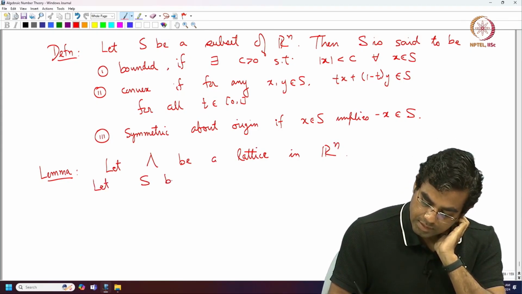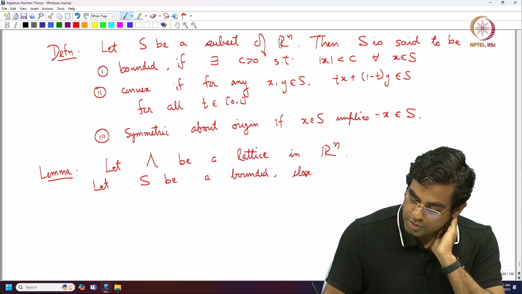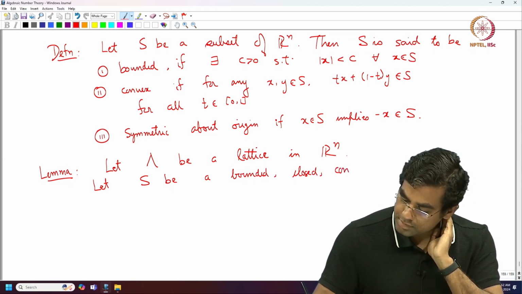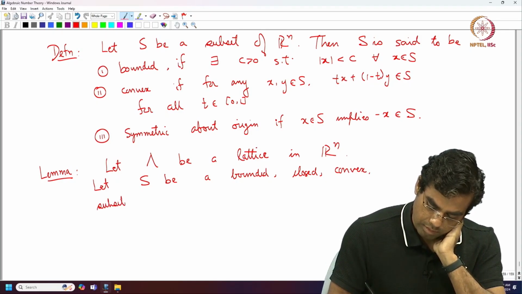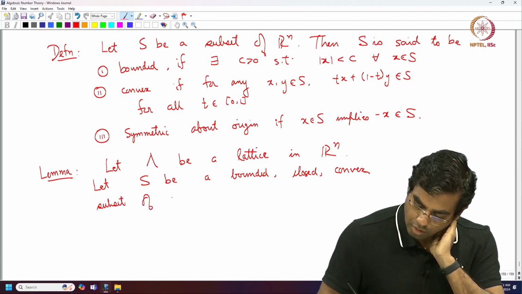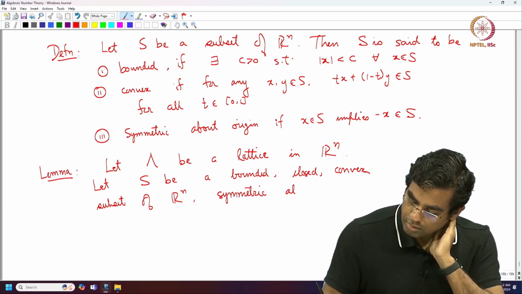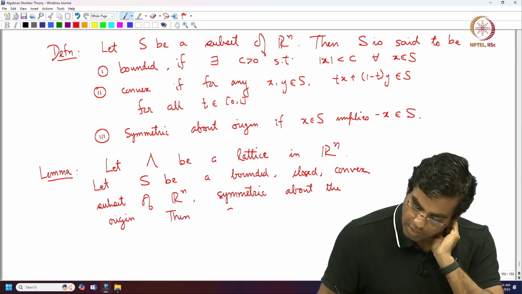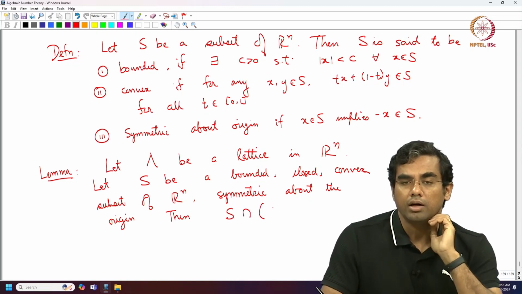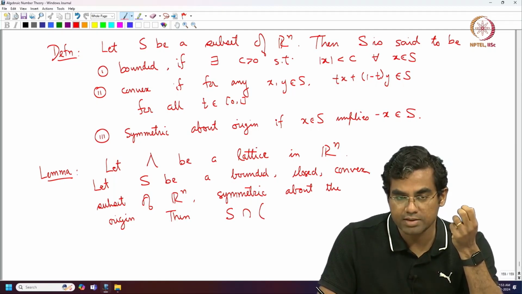Let S be a bounded, closed, convex subset of R^n, symmetric about the origin.